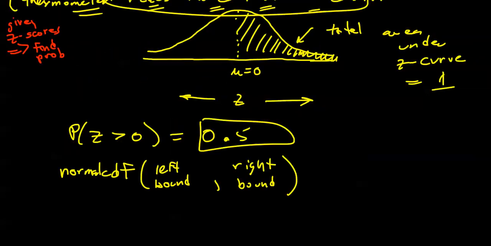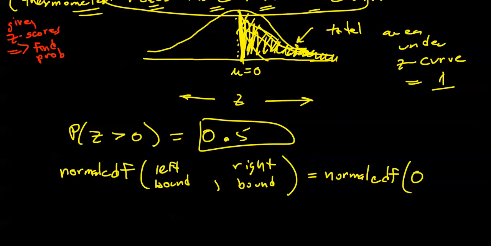Well, clearly, if I'm looking for this area here, my left boundary is going to be the mean value of 0. So I can plug in a left bound of 0.